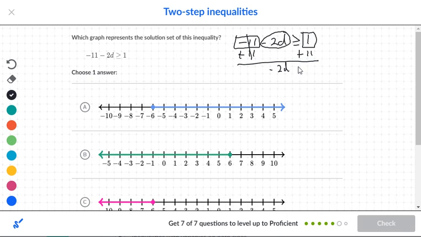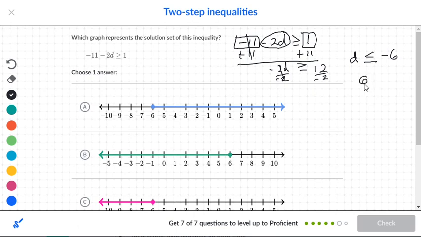This is -2d is better than 12. Notice I am dividing by a negative. The letter is negative. So when I cross this out, that gives me d. I must turn my sign the other direction. 12 divided by -2 is -6. So again, make sure when the letter is negative that you turn your sign the other direction.